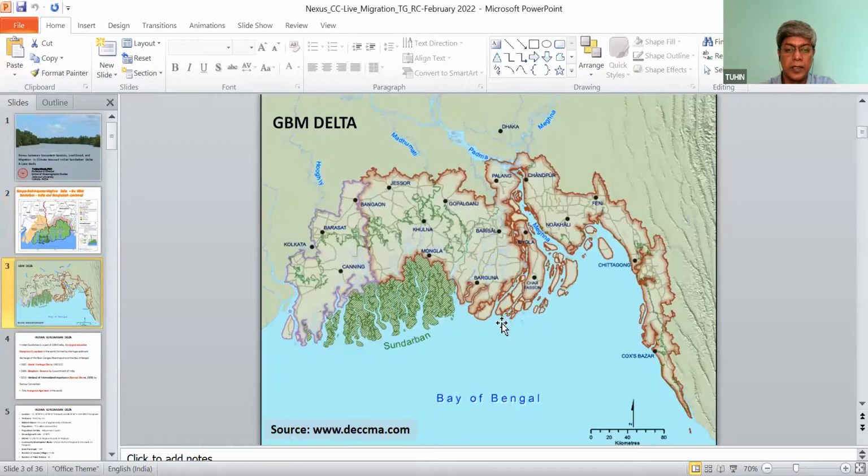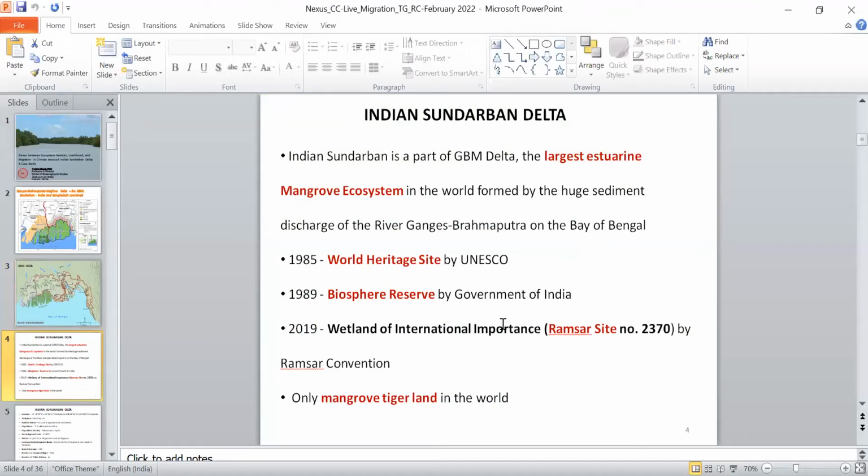And this is another map. You can go to this website, and you can find a lot of resources from this website. This is sensitive, with the World Heritage Site, Biosphere Reserve, and Ramsar Site, which I have already mentioned. And this is the only mangrove tiger land in the world.